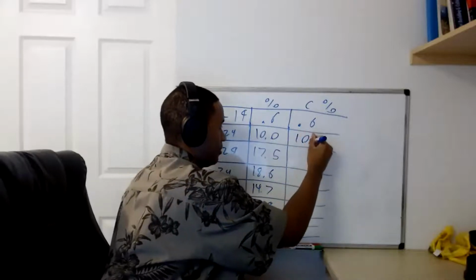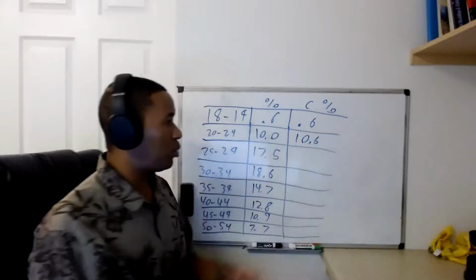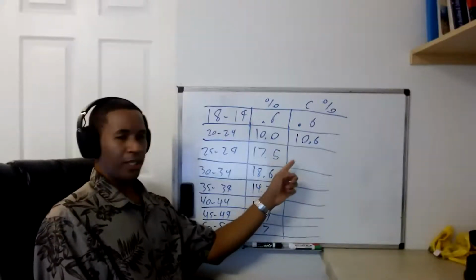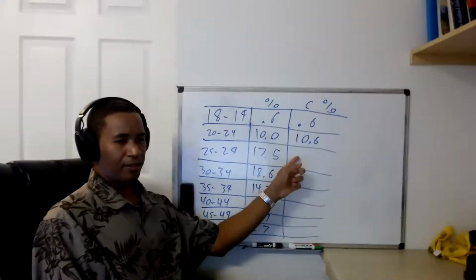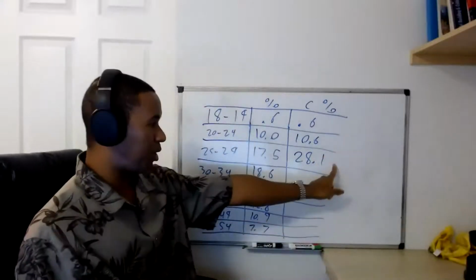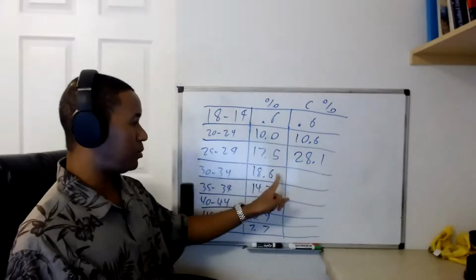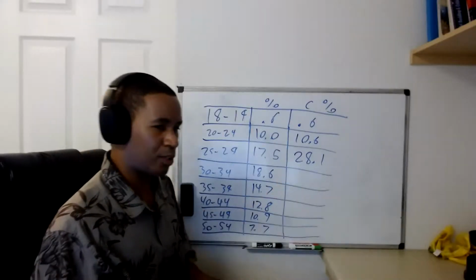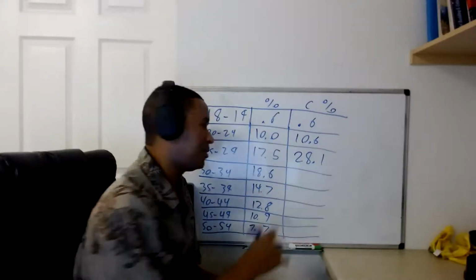Well, what do we do with this 10.6? Add it to 70.5, the next category. When we do that, we get 28.1. So we take this 28.1 and add it to 18.6. When we add that 18.6, we get 46.7, is it? Yes.